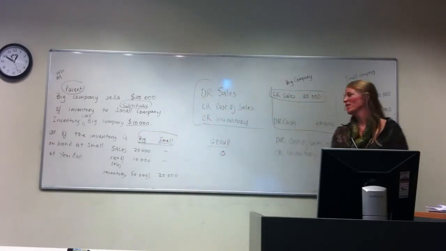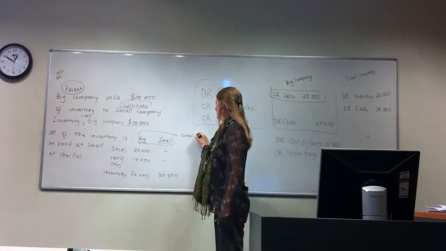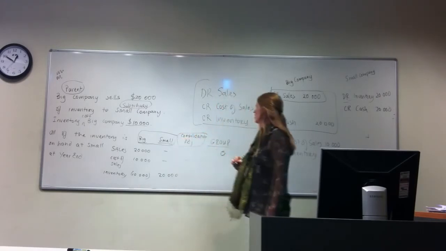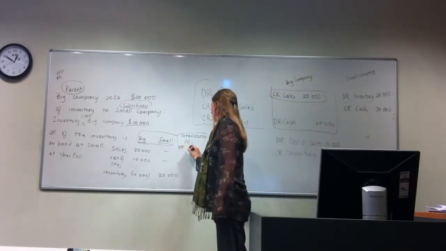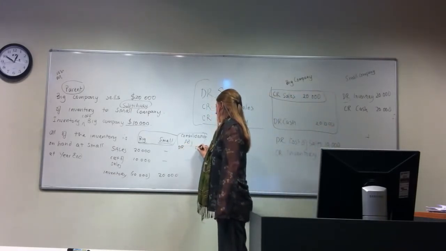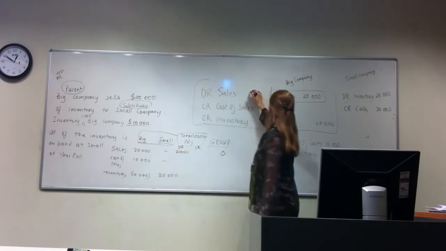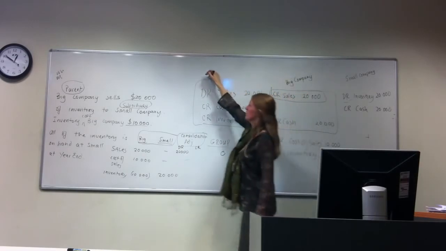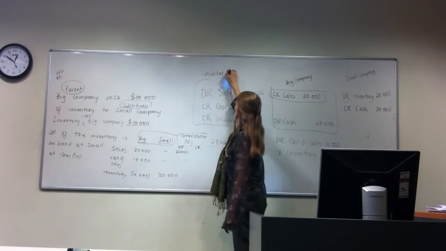So we're going to have a consolidation adjustment, aren't we? And obviously that consolidation adjustment is going to be a debit. So we're going to have debit sales 20,000. This is a consolidation journal adjustment.